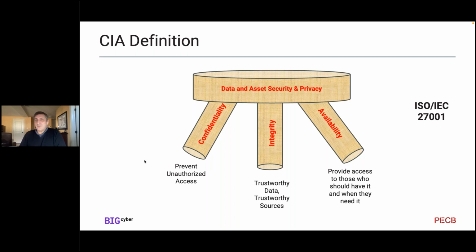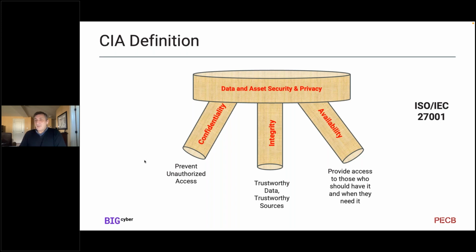I think it's important to not just talk about data, but also assets when you talk about the CIA Triad, because I apply this triad to not just my information, even though it's an information-centric triad, I also apply it to assets, including people assets and hardware assets, because it works on that level as well for me.